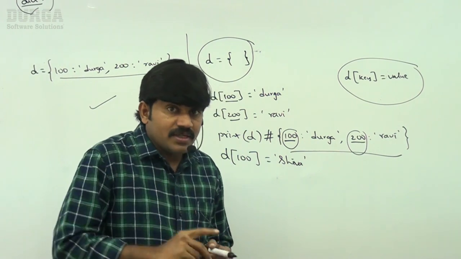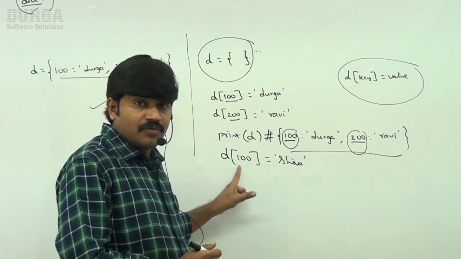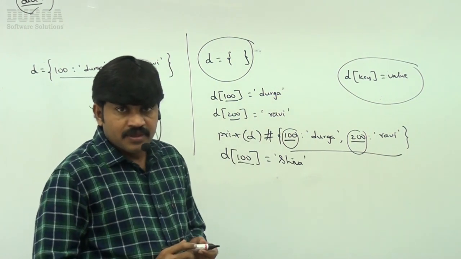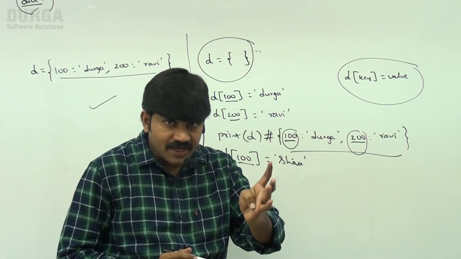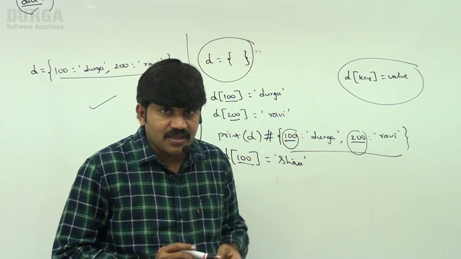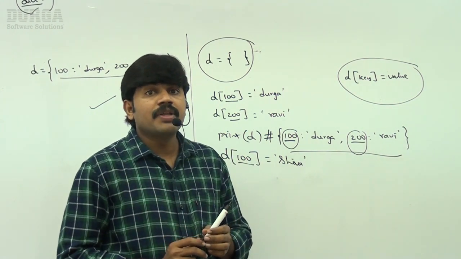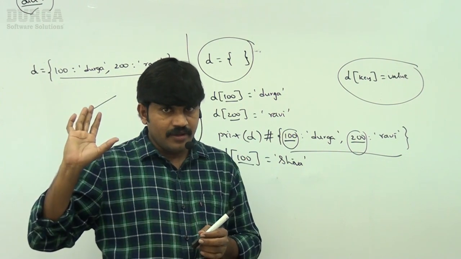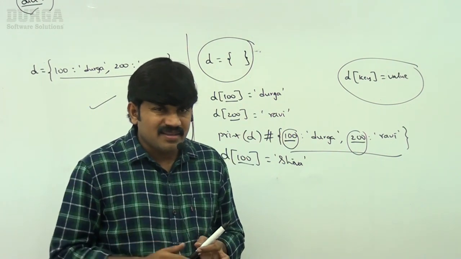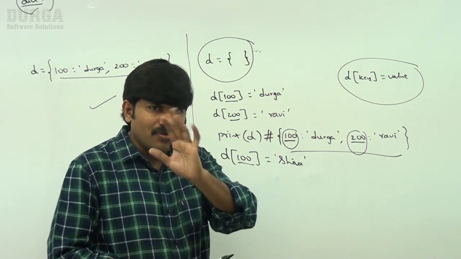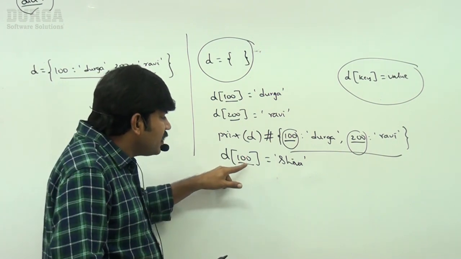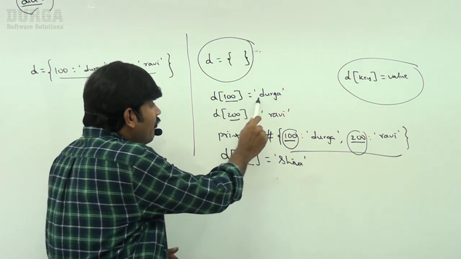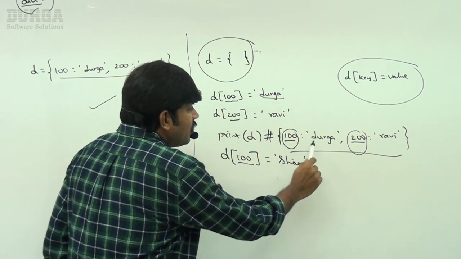If you try to insert an entry with a duplicate key, when one key-value pair with that key is already available, what will happen? Will we get an error or some other scenario? Very simple: we won't get any error. If we don't get an error, will this key-value be added? No. What will happen is, if this key is already available, then what is the value associated with this 100?